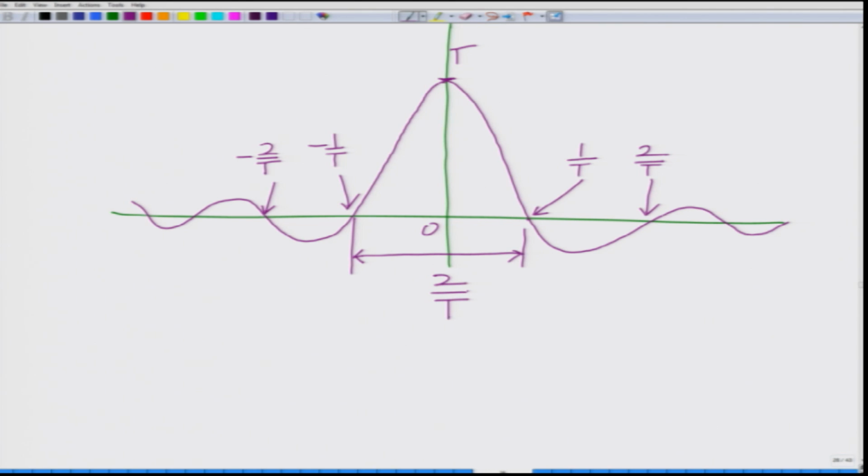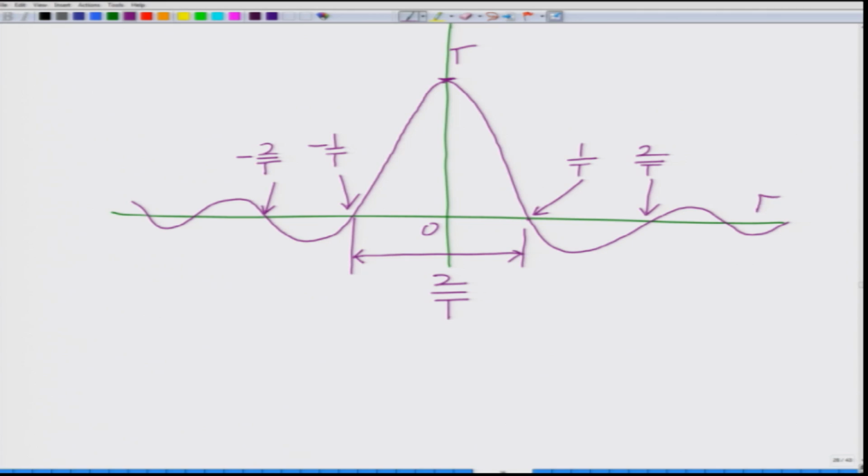So, the spacing on the frequency axis between the first null on the negative frequency side and the first null on the positive frequency side is known as the null to null bandwidth, that is 2 over T, where T is the duration of the pulse.